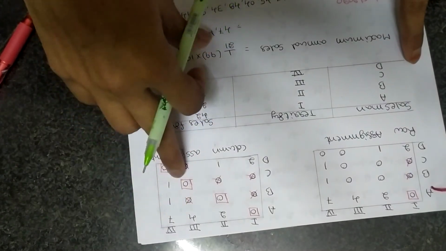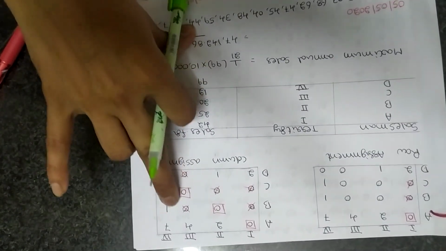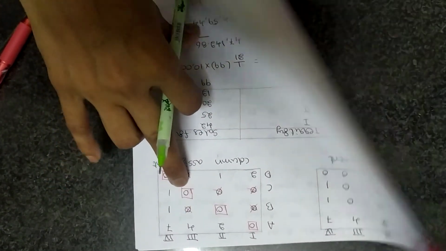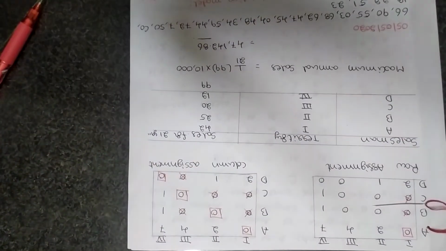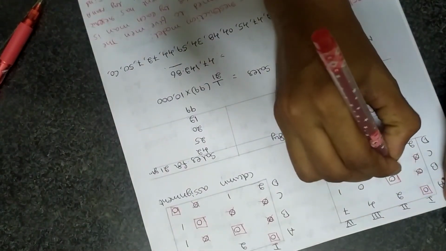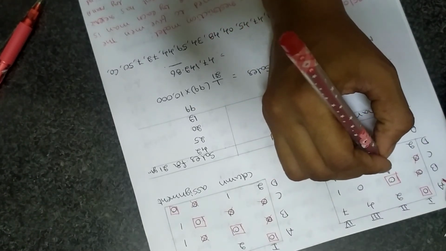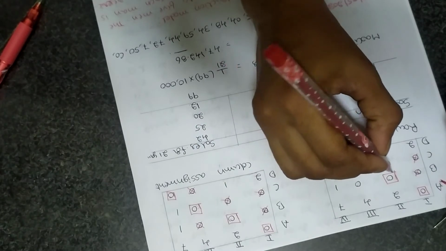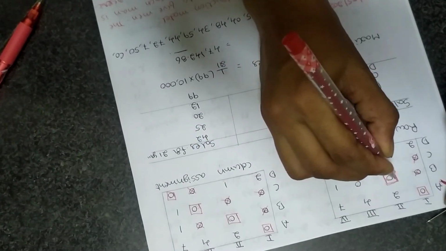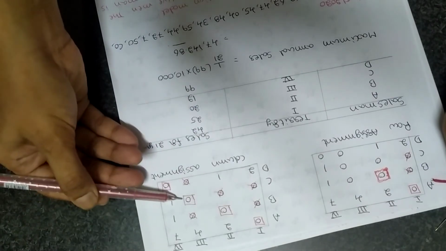Next, here we will take the 2 zeros present. We will make an assignment here. Okay, this has already been present. Now we'll make an assignment here. The third one is here.